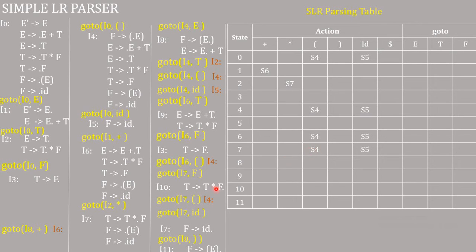Then go to of I7 comma ID, it is S5. Here I mistakenly included I7, but actually it is I5, because we have already given the name like this. It is I5, not I7.